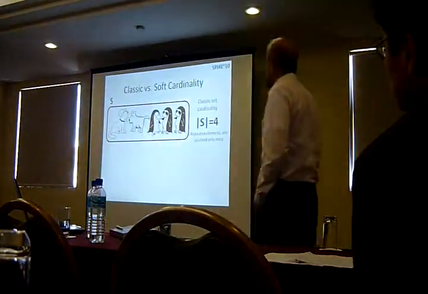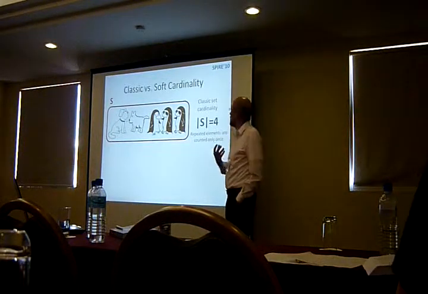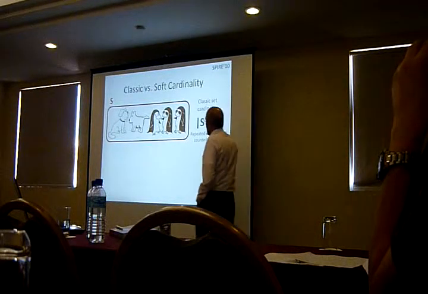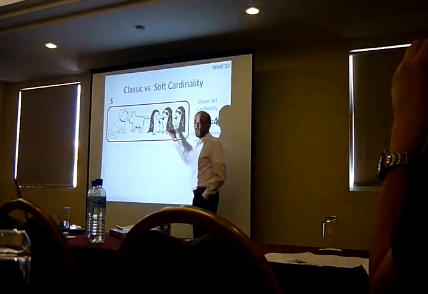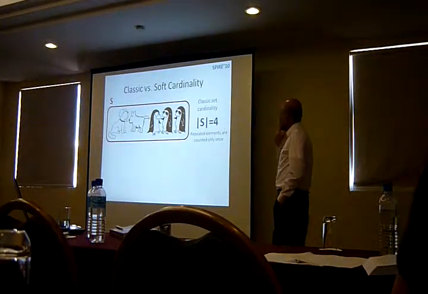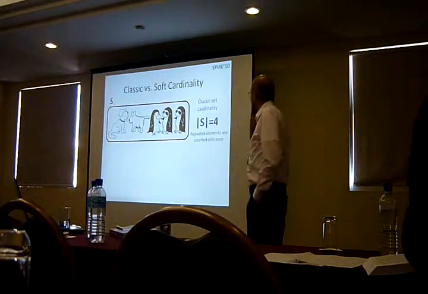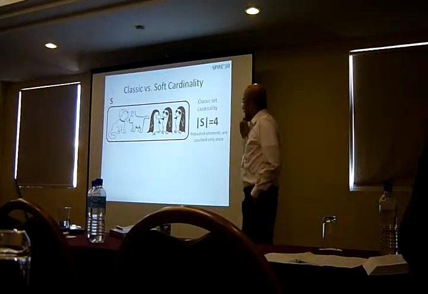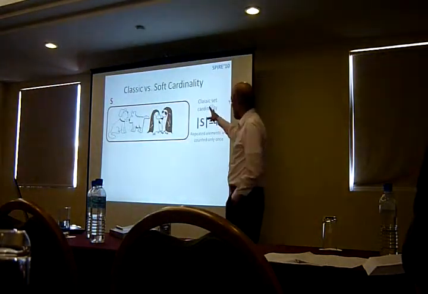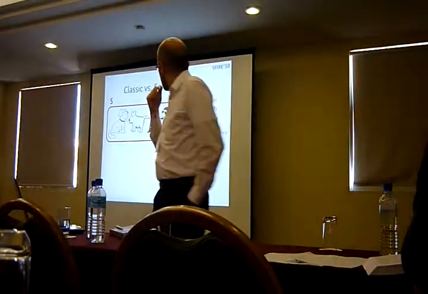Now let's compare the classic concept of cardinality with the proposed soft cardinality concept. In this bag, because it's not a set, we have two repeated penguins. Applying the knowledge our teacher gave us at elementary school, we know that the cardinality of that set is 4, because the pair of identical penguins only counts once.